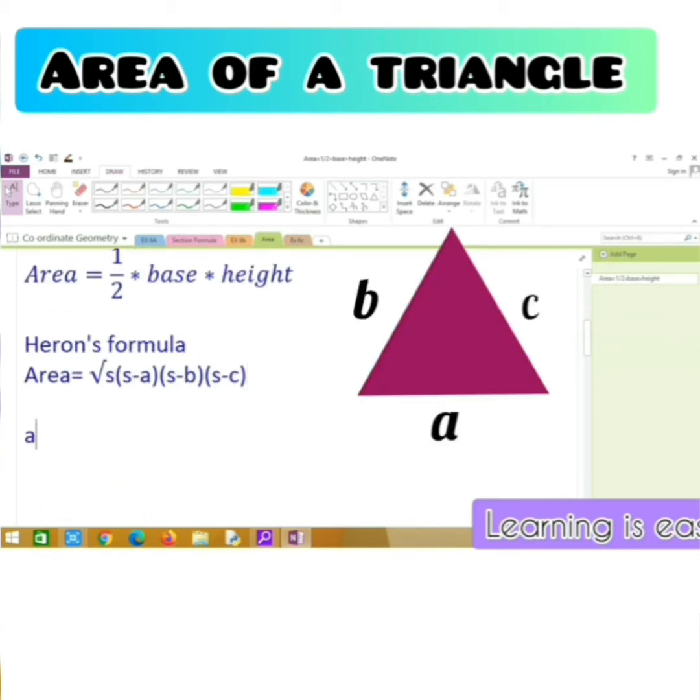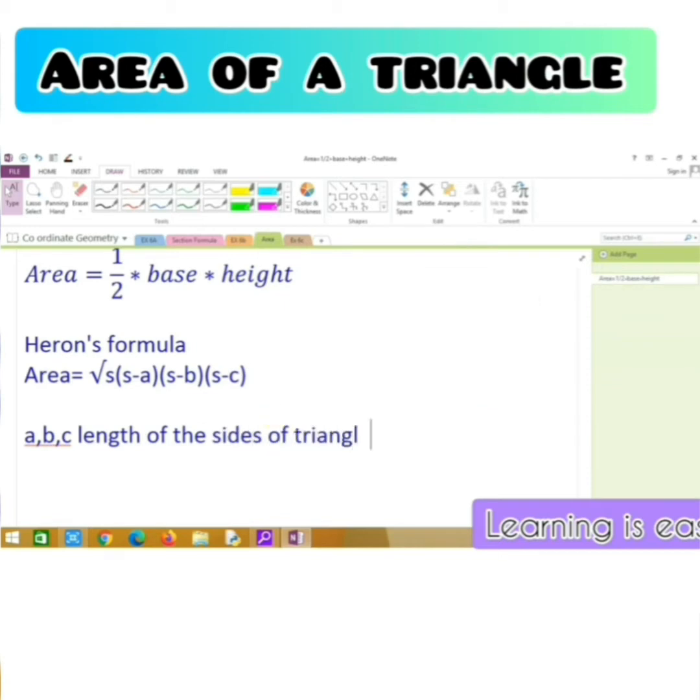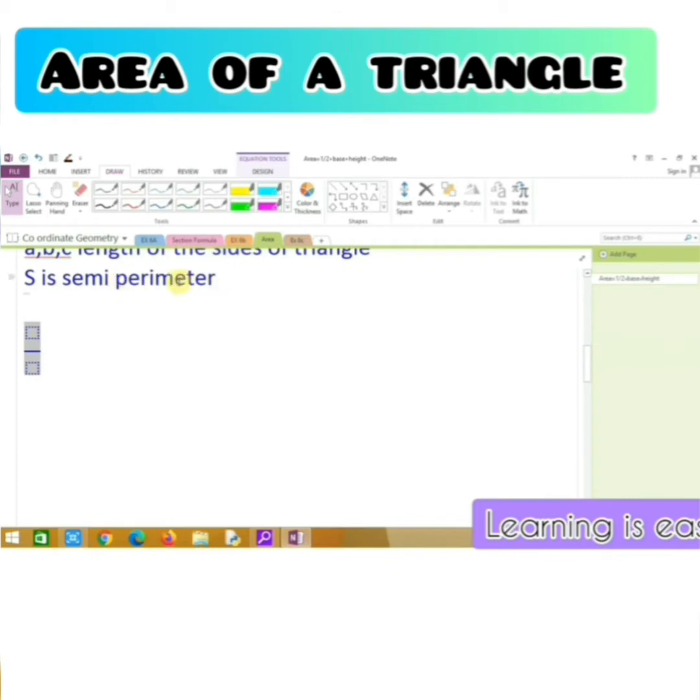If A, B, C are the side lengths of the triangle, S is the semi-perimeter. We already know the perimeter of the triangle is side 1 plus side 2 plus side 3, so the semi-perimeter is half of it.